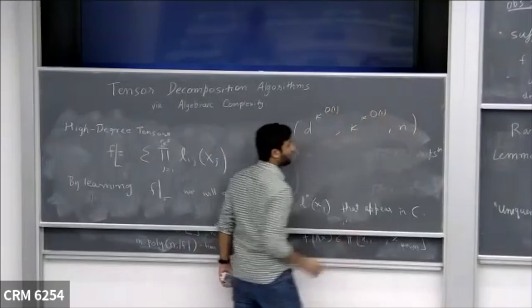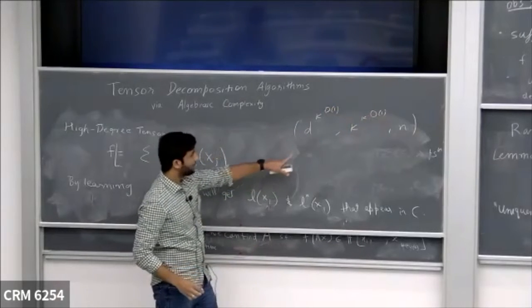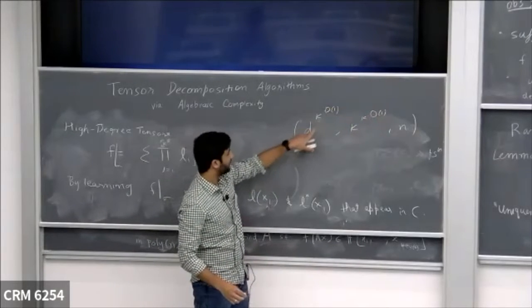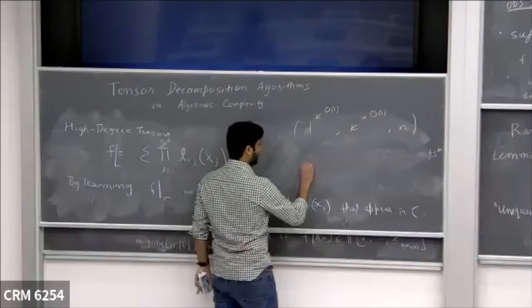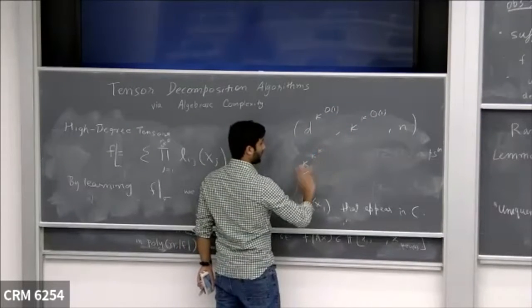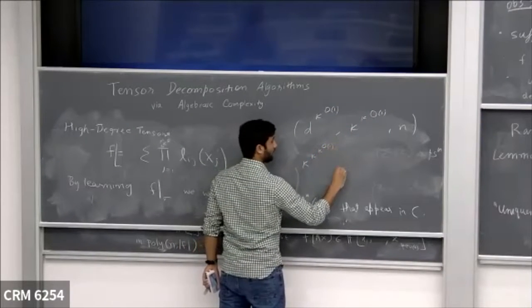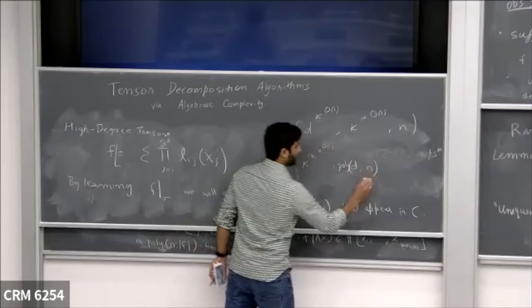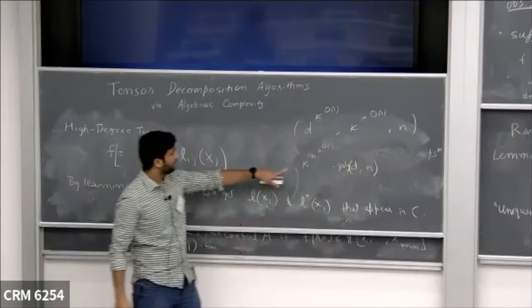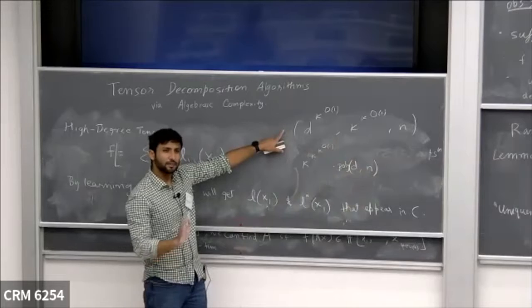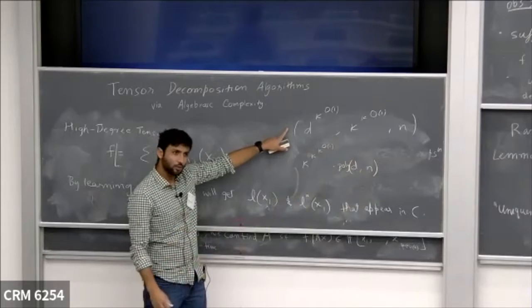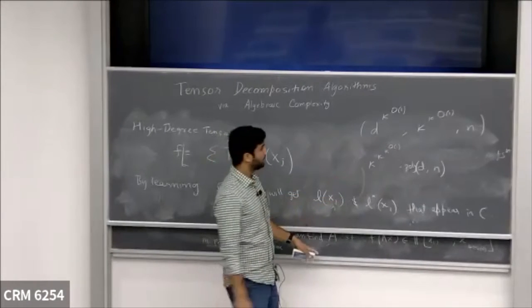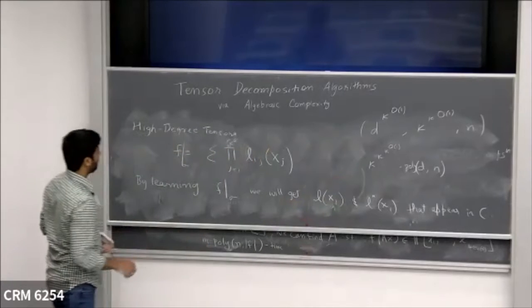And on Thursday, Bentley will separate this k and d. Basically, he'll give an algorithm of the following form: maybe k to the k to the k to the order 1 and poly(d, n). An additional benefit is that our algorithm for k being slightly super constant will be quasi-polynomial, and he can get it in polynomial time.